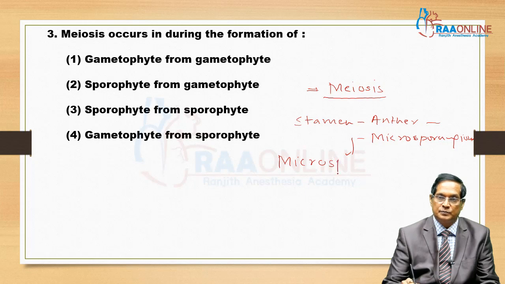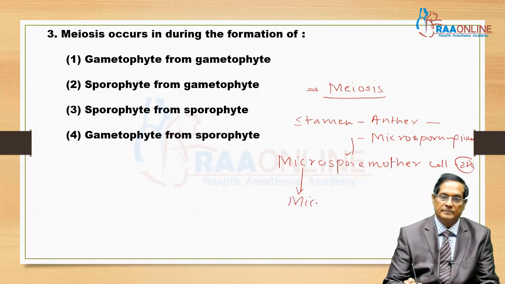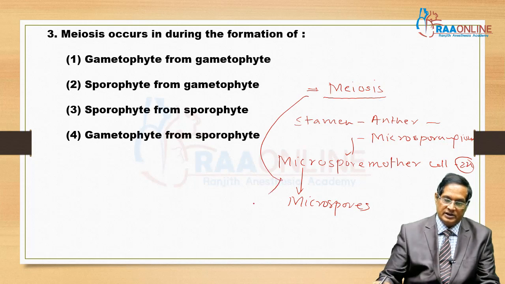This is the microspore mother cell. The microspore mother cell is diploid. It divides by meiosis to produce microspores. This is the case of the stamen.